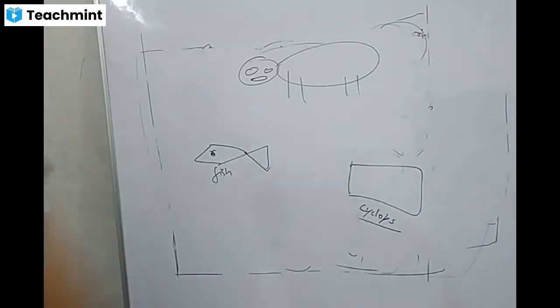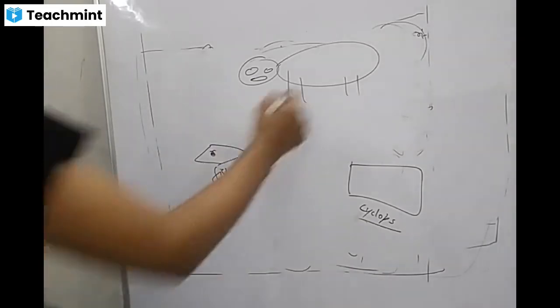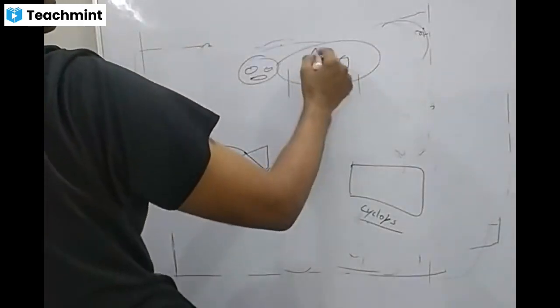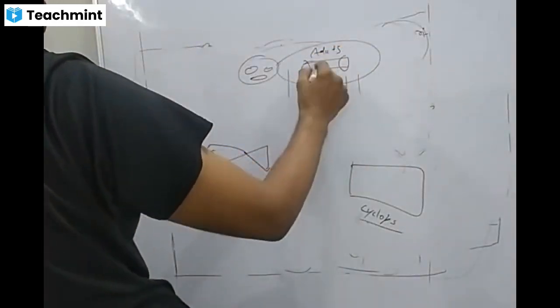But the difference between trematodes and cestodes is that in case of trematodes, the larval stages were known as miracidium, sporocyst, redia, cercaria, metacercaria. But in case of this, the adults are present in your intestine.